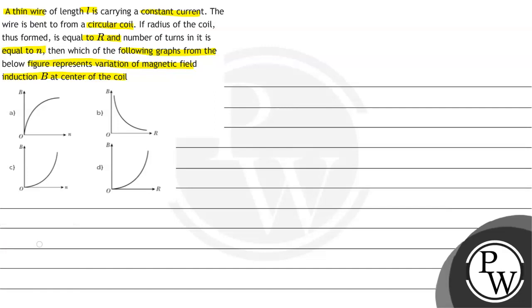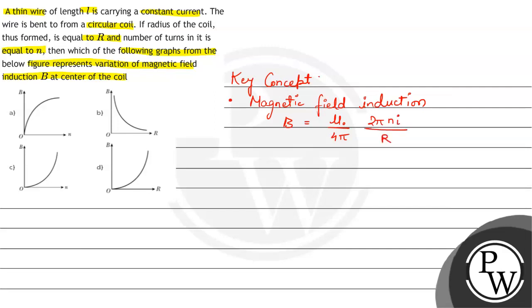So let us first revise the key concepts behind this question. The first key concept is magnetic field induction, which is denoted by B and is given by the formula mu naught upon 4 pi into 2 pi Ni over R. Here N is the number of turns, I is the current in the circuit, R is the radius of the coil, and mu naught upon 4 pi is constant.